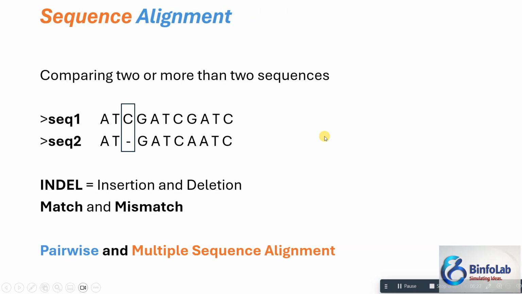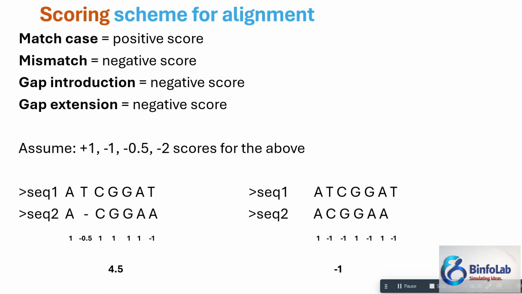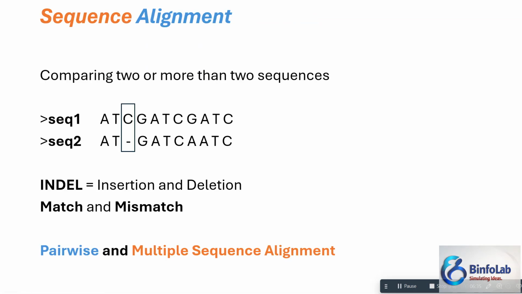Now, we are proceeding to the next slide. The next slide is the scoring scheme for alignment. You are all aware that once we align a data set or some sequences, using some server like BLAST on the NCBI or some other programs like BioEdit or MEGA, these programs always deduce some scores, and based on that score, they will tell you which two sequences are more related, dissimilar, or not related.